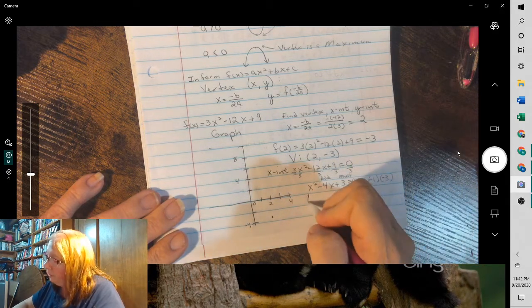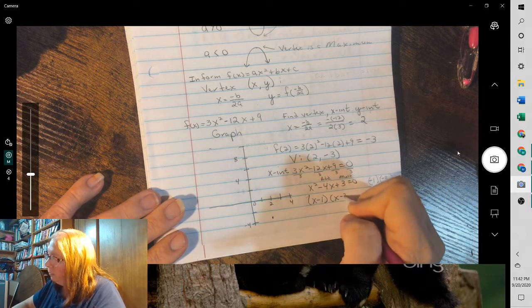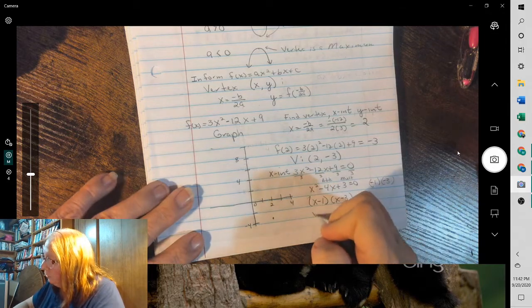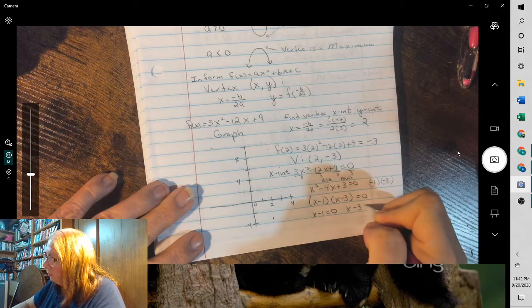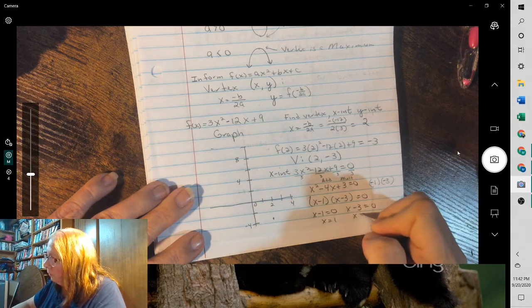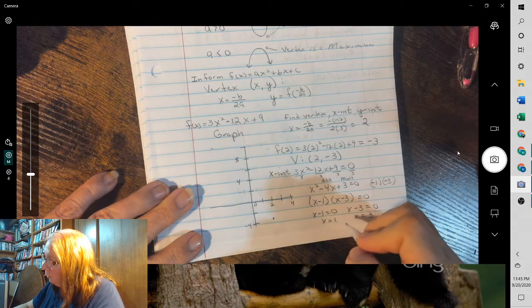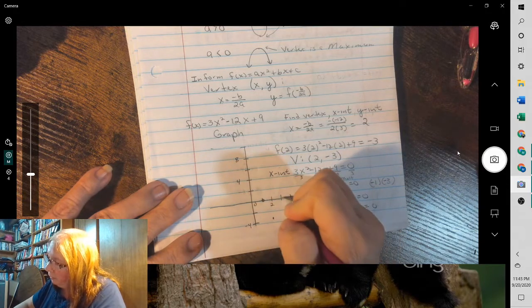So this will factor into x minus 1 and x minus 3. And then we set each of those equal to 0 and solve. So our intercepts for the x are at 1 and 3.